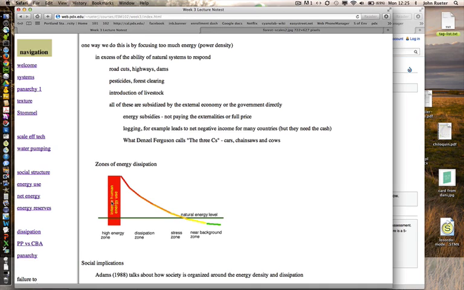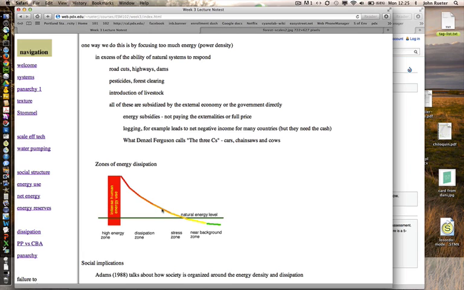density. So if you have a very high energy zone, such as the inside of a reactor or a freeway with cars driving really quickly, that energy that's being used there has to dissipate out. And the more concentrated you make this energy zone, the higher density this is, then the more effect that energy has as it dissipates out.